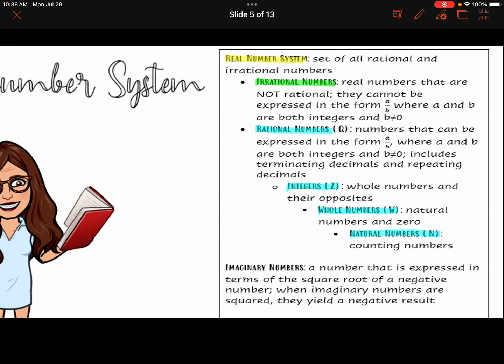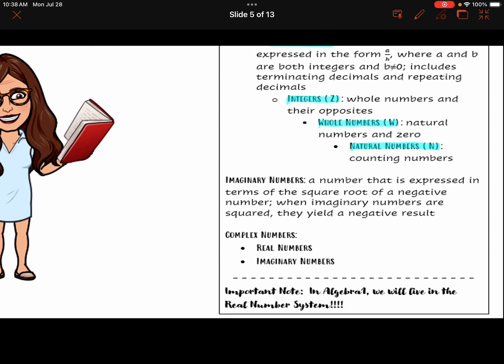Then we have this brand new type of number, which is called an imaginary number, okay? And an imaginary number is simply what it states: up until now, if you try to do the square root of a negative, you would say it doesn't exist. And that is absolutely correct in the real number system.